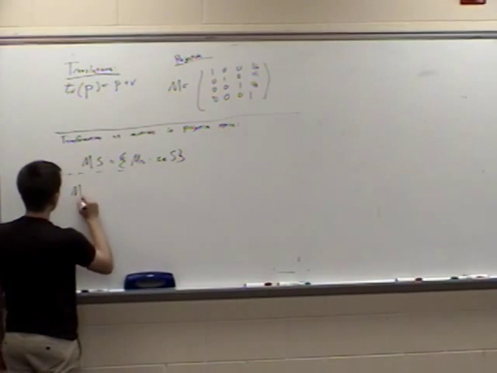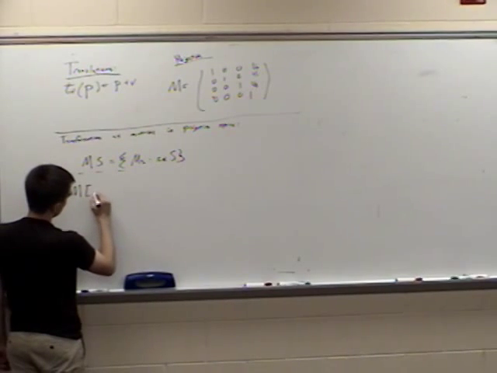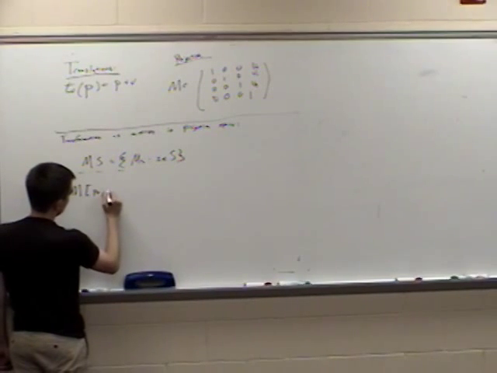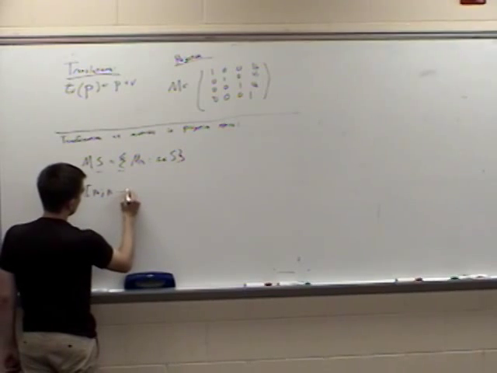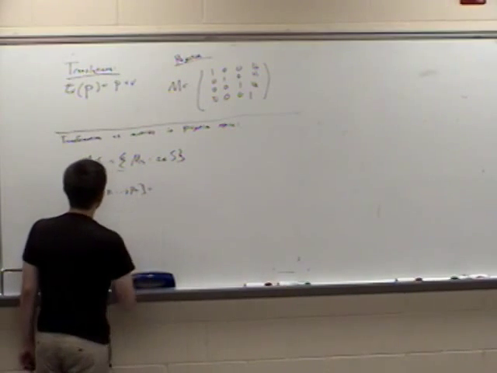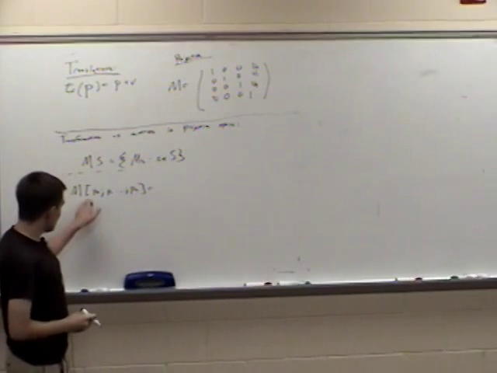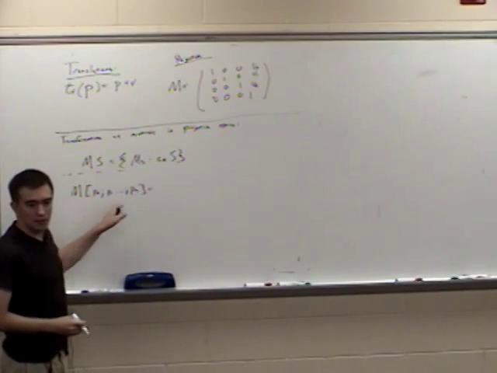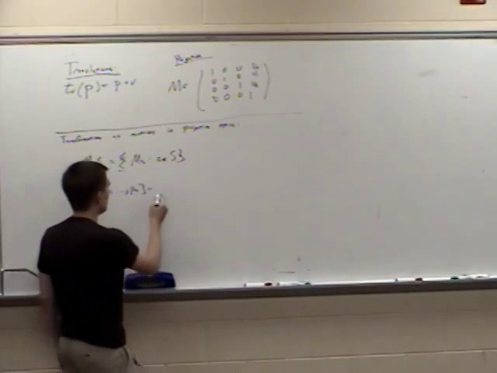So if I take big M and I apply it to something here, using the square brackets, well, this is just the linear combination of all of the elements in PS, right?